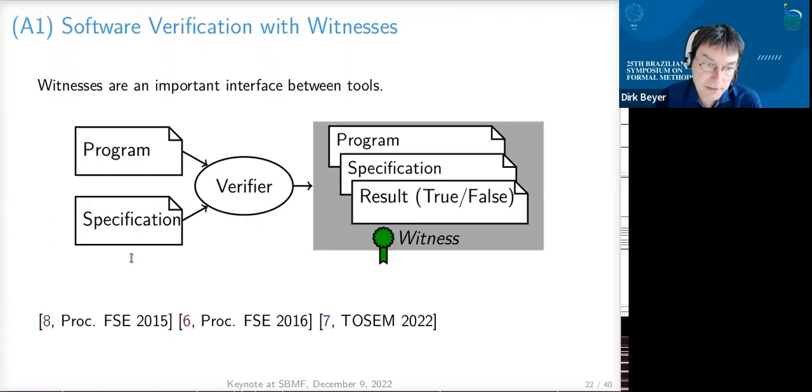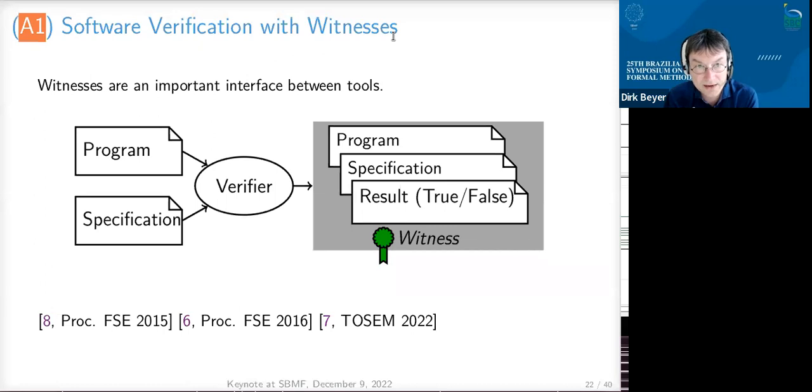And now in the second half of my presentation, I would like to go through certain, I think I have 7 applications. I call it A1 is the first one. So I would like to explain what is software verification with witnesses to you. And I have several of these just to illustrate what I mean by these approaches.